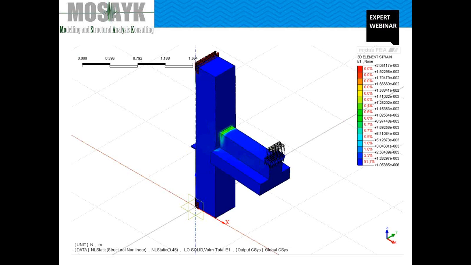As a next step of more refined analysis, here is a model in Midas FEA that makes us able to observe the formation of a plastic hinge at the level of the connection between a beam and the column.